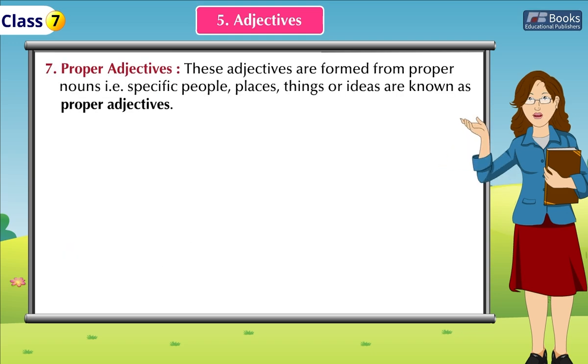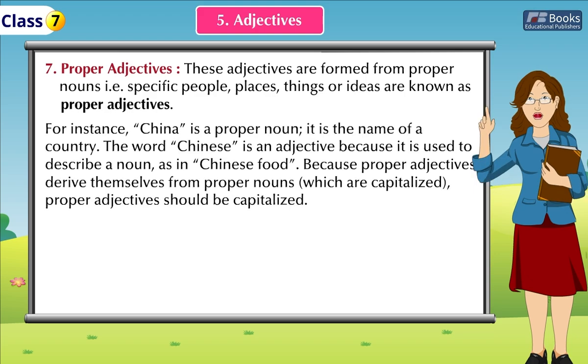Seventh, proper adjectives. These adjectives are formed from proper nouns, that is, specific people, places, things, or ideas, and are known as proper adjectives. For instance, China is a proper noun. It is the name of a country. The word Chinese is an adjective because it is used to describe a noun, as in Chinese food.